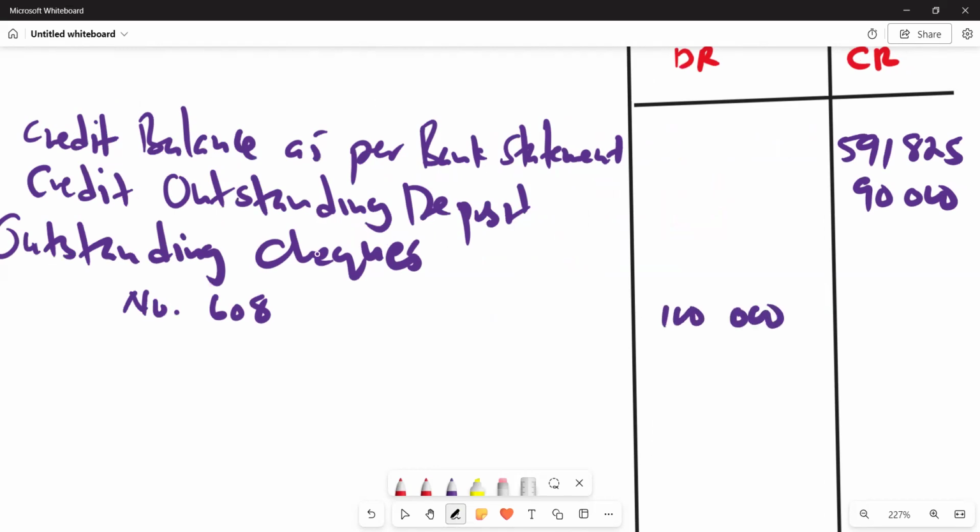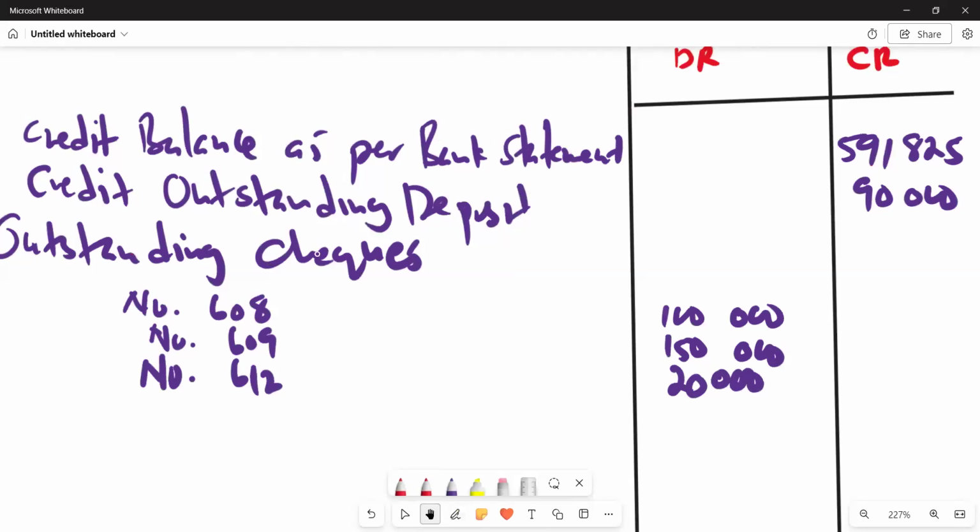Then we have check number 609 with an amount of 150,000. Then we have check number 612 with an amount of 20,000. So these are the three checks that we needed to put in the bank reconciliation statement.